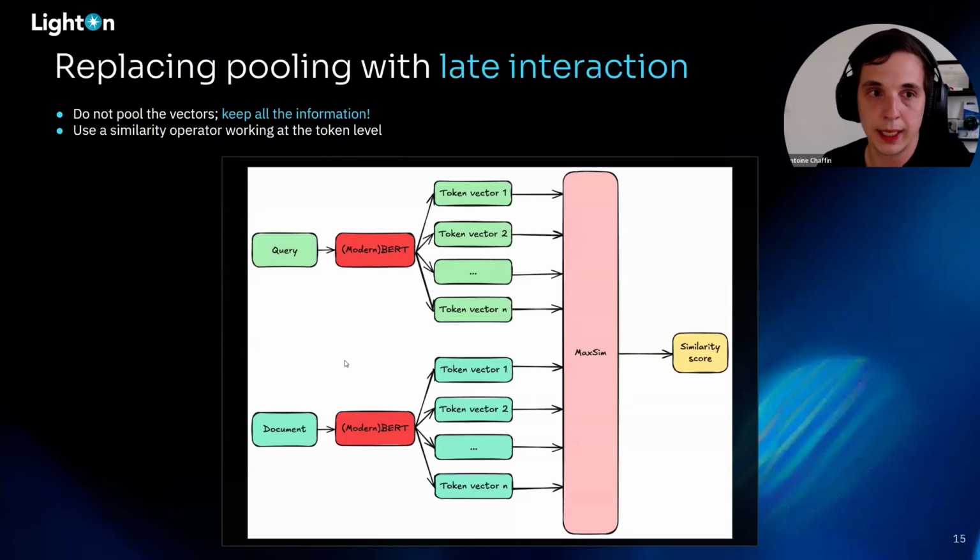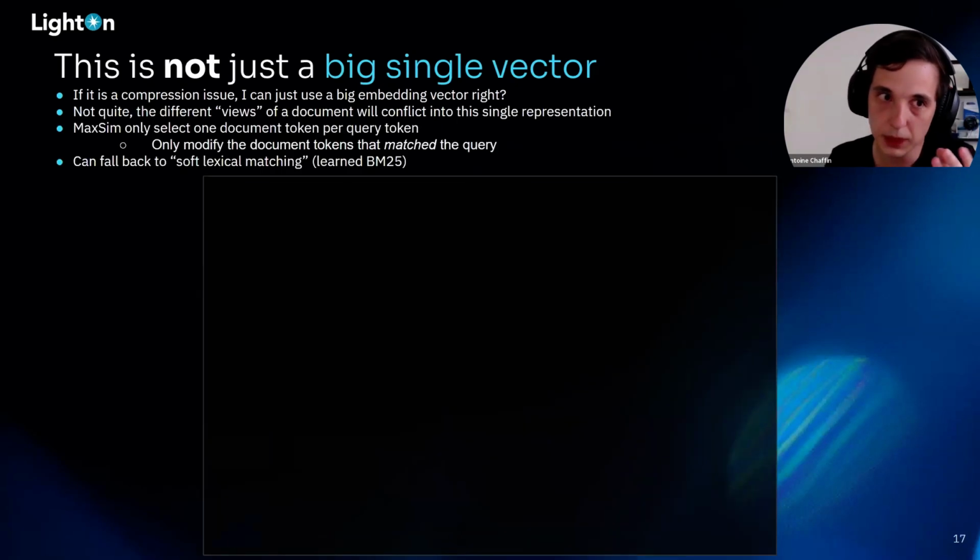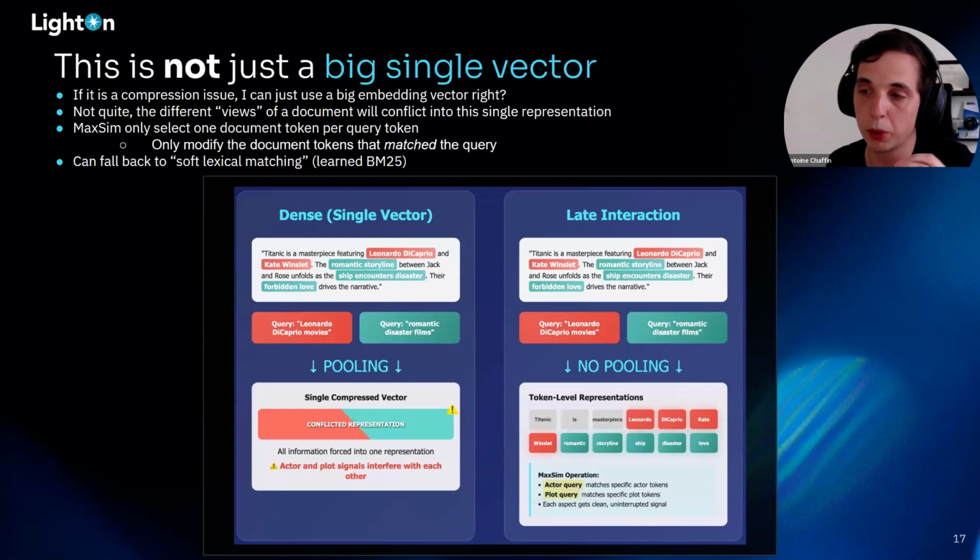And so one fair claim would be that if compression is the only issue, we could just simply use a very large embedding vector instead of multiple ones. But actually, this is a bit more complicated than that, because if you only use one vector, every time you make an update during the training, you will actually change all the representation.